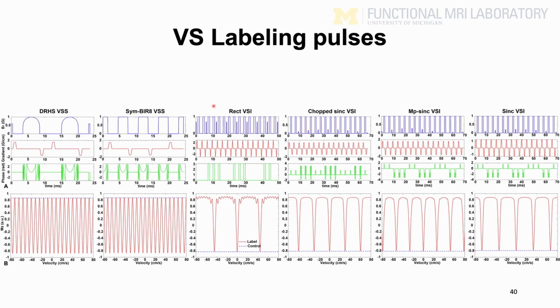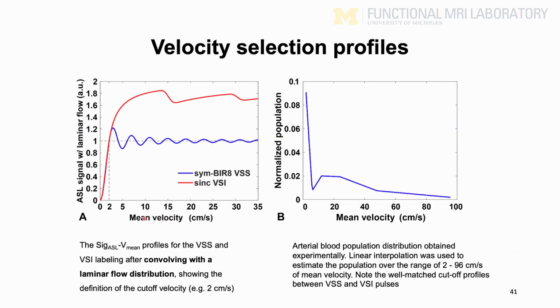Okay. The thing that's really important to consider, and the reason these pulses work at all, is that if you look at the velocity pattern, it's oscillating like a sinusoid, and this is not very useful. But if you take into account the fact that flow is generally laminar in the vessels, so there's a whole distribution of velocities, and you integrate over a laminar velocity profile, you get this very nice sinc pattern on the velocity selective saturations, where there's going to be a cutoff.